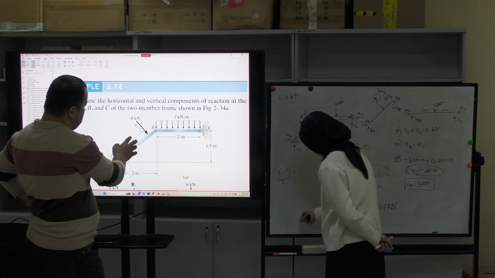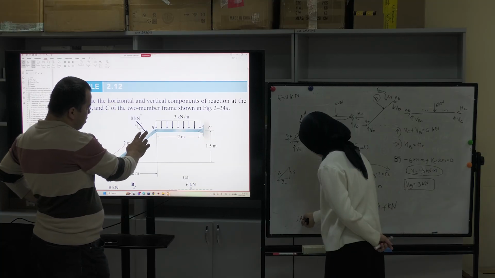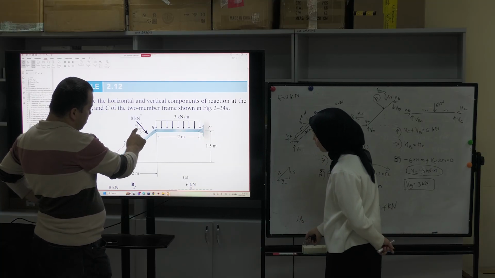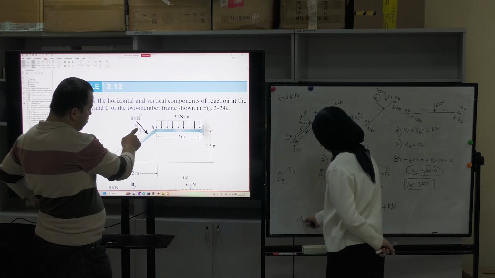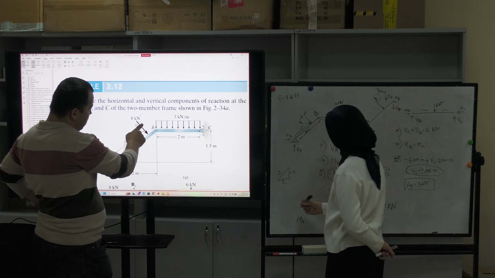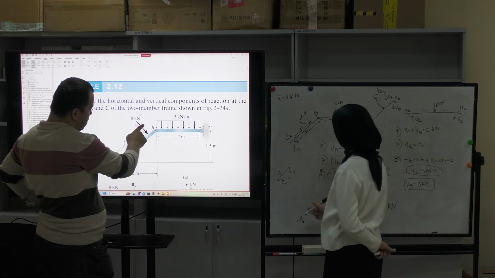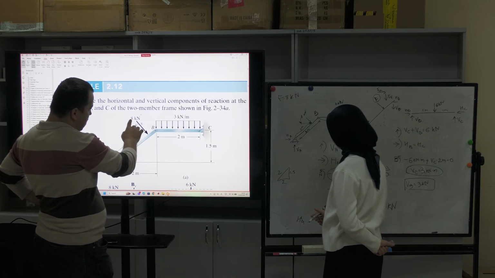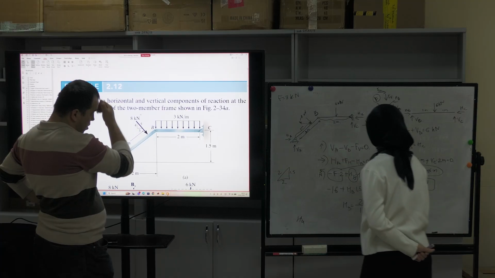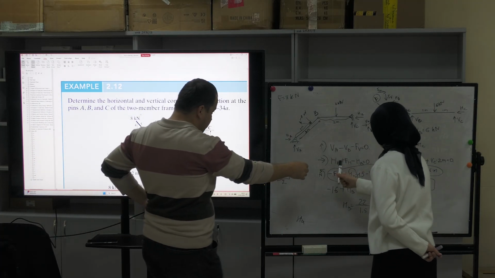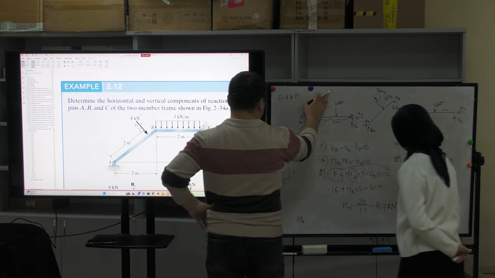You can find the horizontal component of this force using this formula. Look at this. This is the horizontal component, this is the vertical component. It means that you have to separate: 4 over 5 is equal to something like x over 8 kilonewton. Okay? Yes, you can put it directly there.